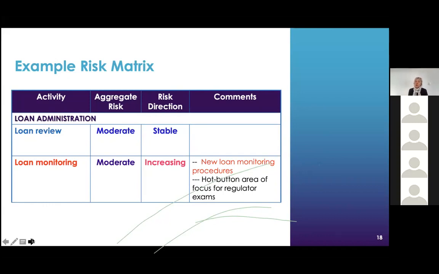And it was a new hot button area for the focus of regulators. We knew the regulators were going to come in and examine our loan monitoring procedures, because they were focused on seeing if we were following up with clients in a timely manner. They had penalized and fined other financial institutions in our market because they did not have clear monitoring procedures and the staff were not following the procedures correctly. So we knew this was an increasing risk direction because we were very worried about the regulators coming in. So that's an example of that.